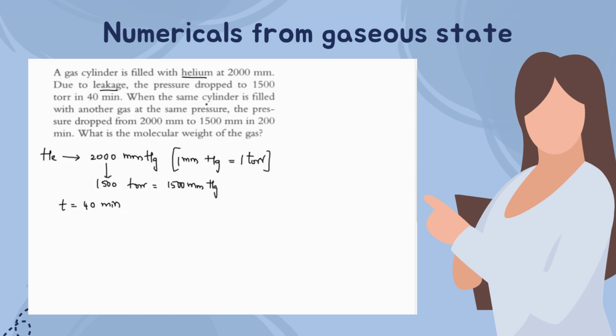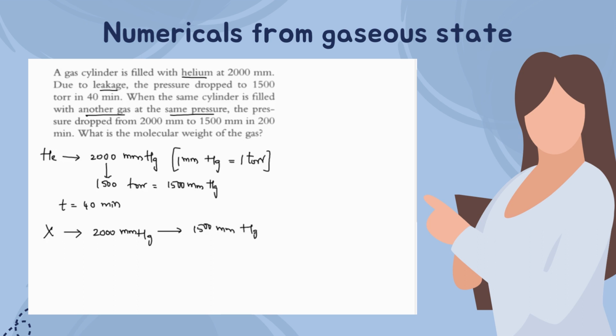Now the second part of the question is when the same cylinder is filled with another gas. They didn't mention what that other gas is, so let us assume it to be the X gas. X gas is also placed at the same pressure, 2000 mm of Hg, and it also got decreased to 1500 mm of Hg.